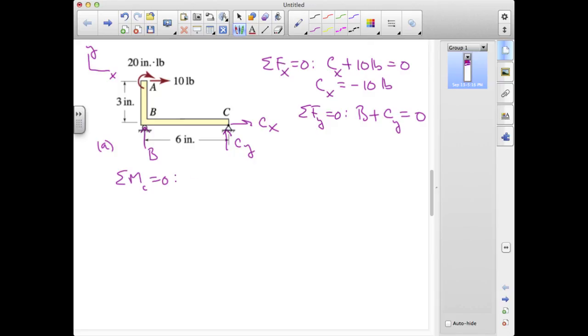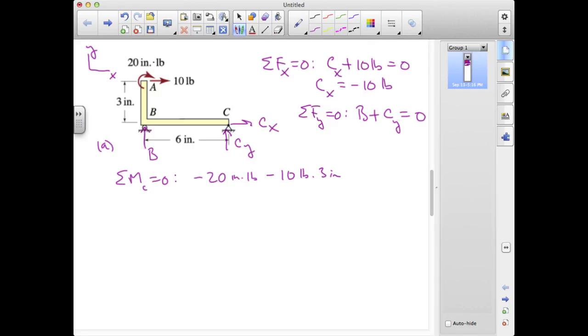So we have minus 20 inch-pounds. And then we have a contribution from the 10-pound external load, also clockwise and through a distance of 3 inches. So minus 10 pounds times 3 inches.